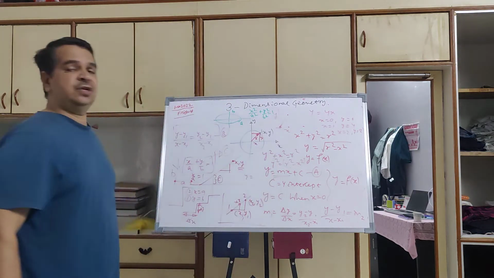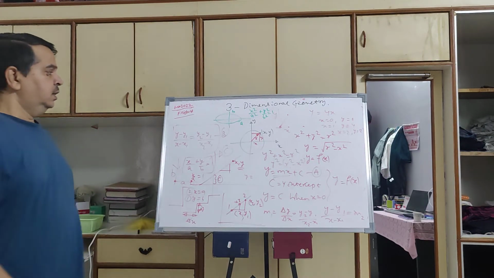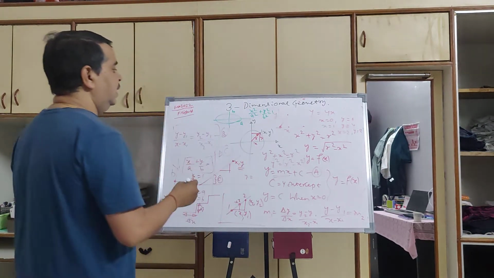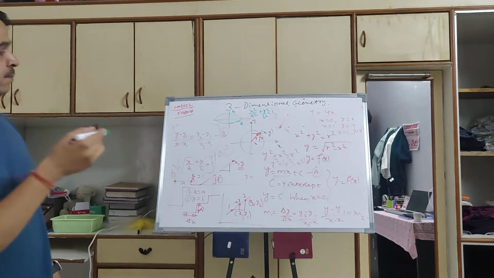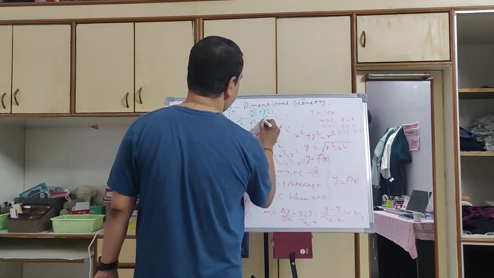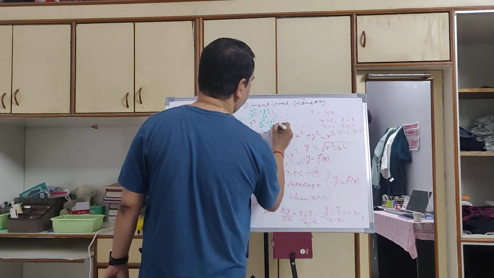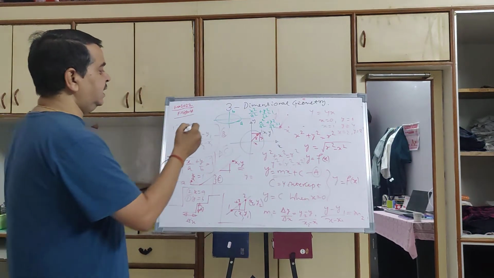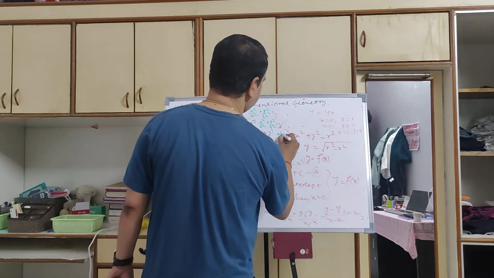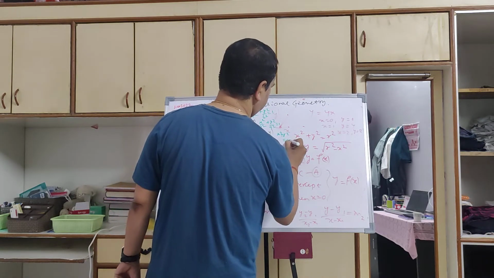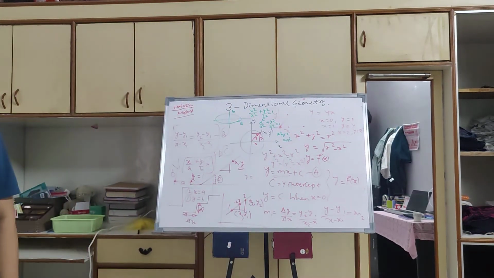If a is equal to b, what will happen? It becomes x square by a square plus y square by a square is equal to 1, because a is equal to b. So in that case it becomes x square plus y square is equal to a square. So the ellipse becomes a circle.